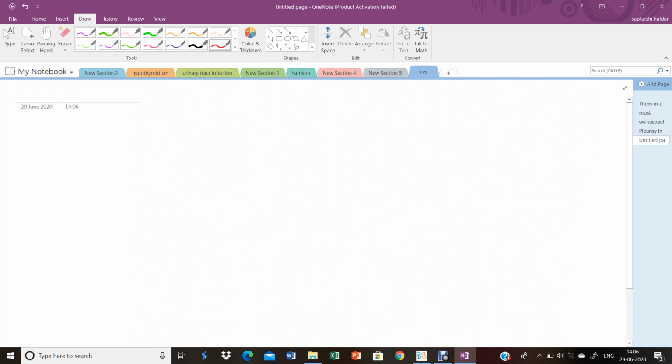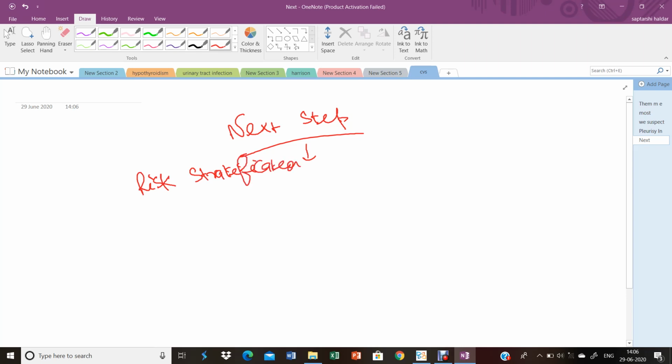Next step, what will we do? We will evaluate patient risk stratification. That is, we will stratify the patient as mild, moderate, or severe.